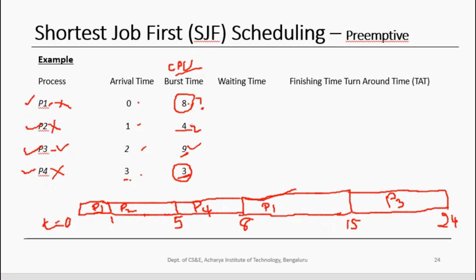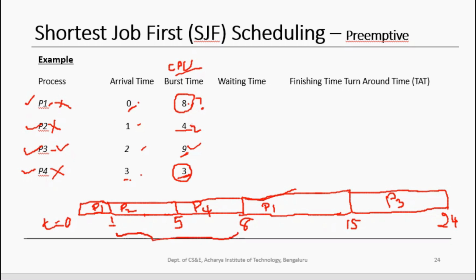Now let's try to calculate the average waiting time. See, the calculation of waiting time here is a little tricky, so you have to understand that carefully. What is the waiting time of P1? P1, though it gets CPU at 0, that is immediately after its arrival time, after one it is taken out of the CPU and it is made to wait from here to here.